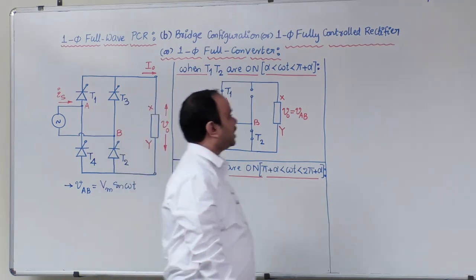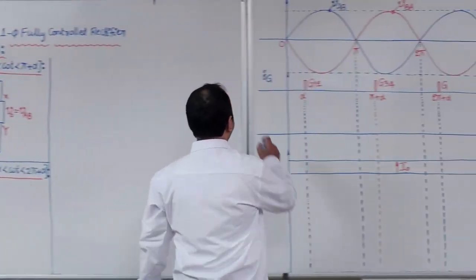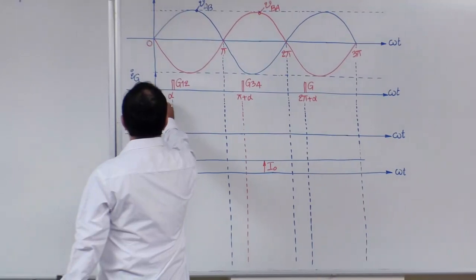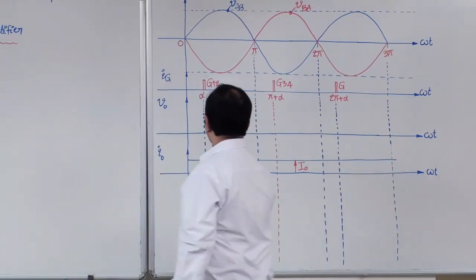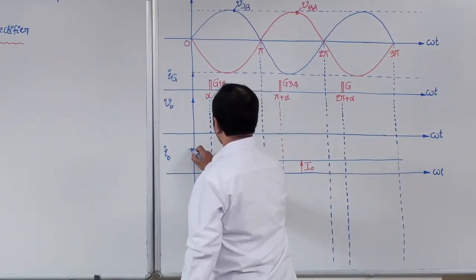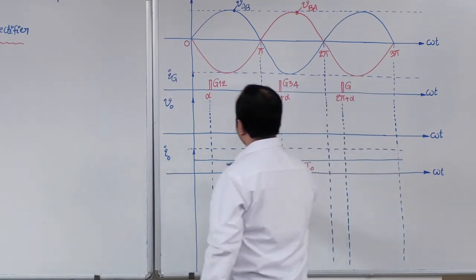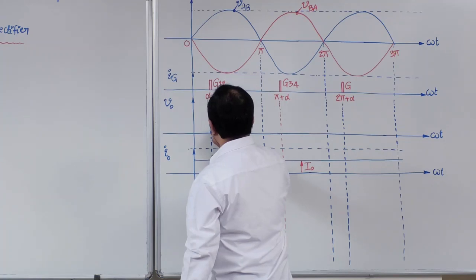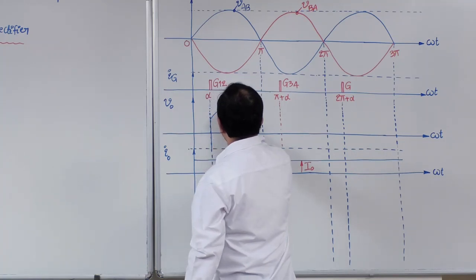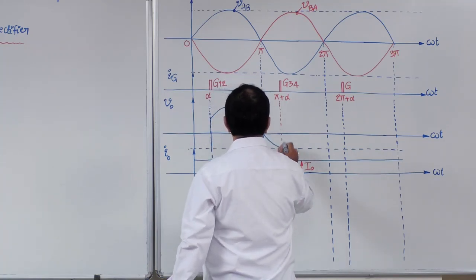Therefore, from alpha to pi plus alpha, we can draw the output voltage waveform like this, following the blue color sinusoidal.